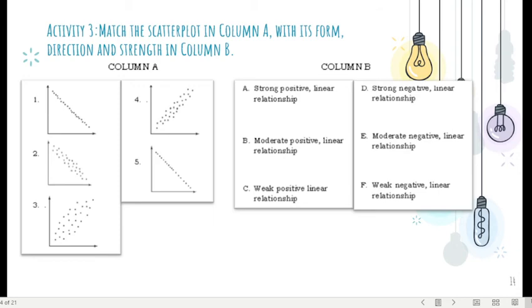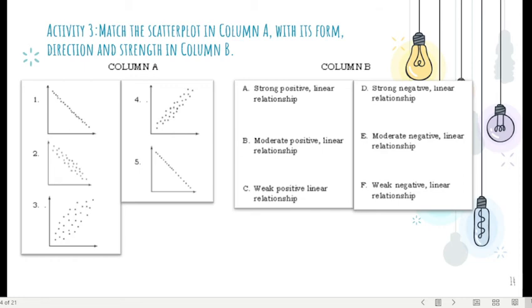Number three, what is the direction of number three? So the direction is going up, correct. So when you say going up, what does it mean? Is it positive or negative correlation or no correlation? Correct, it is a positive correlation. Now, what is the strength of the correlation? Is it weak, is it moderate, or is it strong?